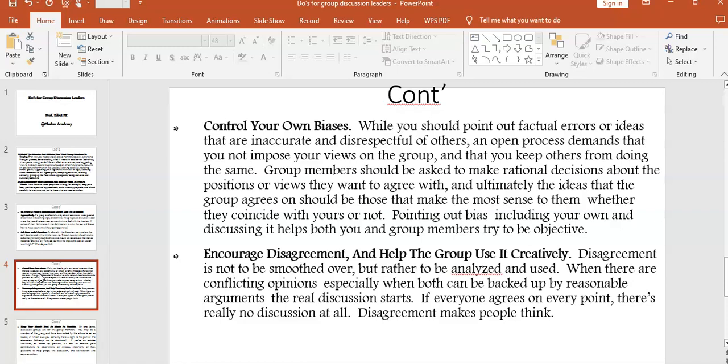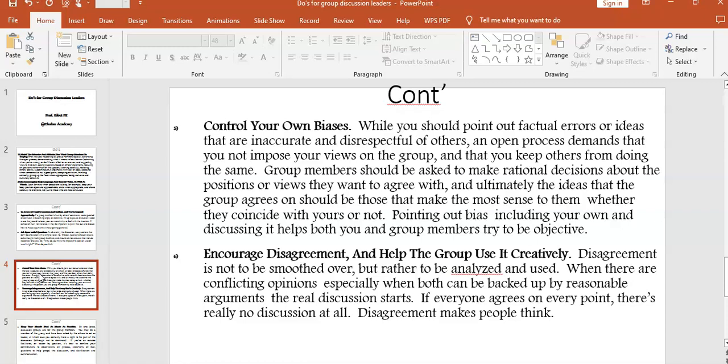Group members should be asked to make rational decisions about the positions or views they want to agree with, and ultimately the ideas that the group agrees on should be those that make the most sense to them, whether they coincide with yours or not. So pointing out bias, including your own, and discussing it helps both you and group members try to be objective. So as a leader, you need to control your own biases and those of other members.